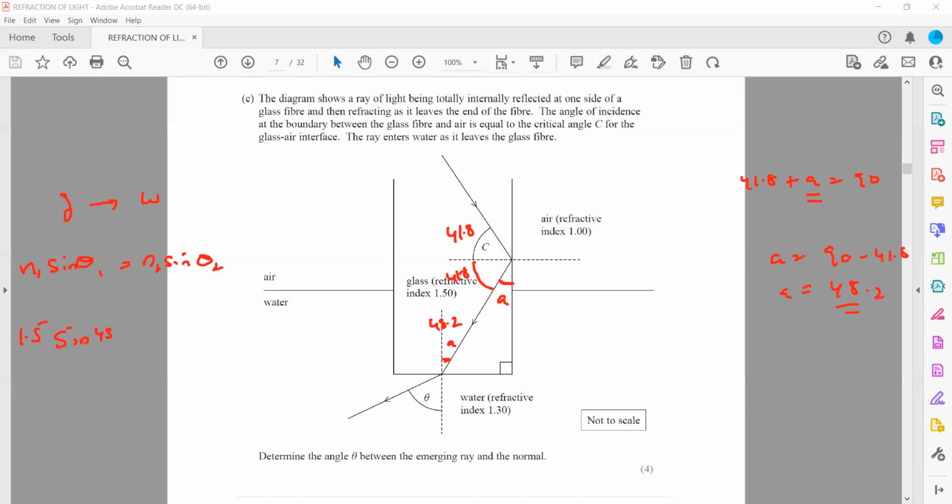So n1 sine theta 1 equals n2 sine theta 2. n1 is the refractive index of the glass, which is 1.5, and sine theta 1 is sine 48.2. The refractive index of the water is 1.3, and sine theta 2, the emergent angle between the ray and the normal, we don't know.